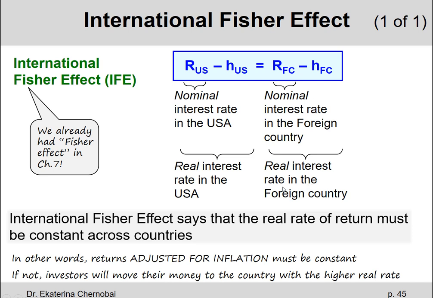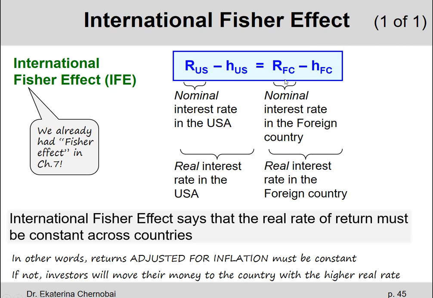So if some countries have a really high interest rate that you can earn when you invest money there, it's probably because those countries also have very high increase in the cost of living over time, a high inflation rate. And so everything kind of gets balanced out. High interest rate countries have high interest rates because of the high inflation.